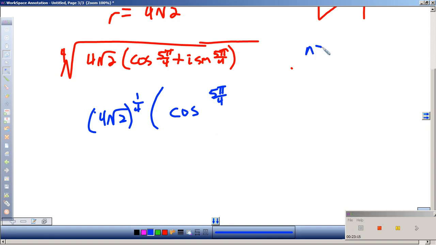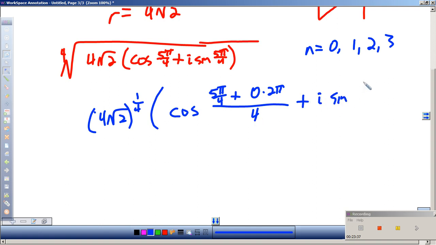Remember we had n equals 0, 1. Where are we going to stop for this one? 3. Yeah, so 0, 1, 2, 3. So because it's 4 roots, we're going to have 4 answers. So we're going to go plus 0 times 2 pi over 4, plus i sine of 5 pi over 4 plus 0 times 2 pi over 4.